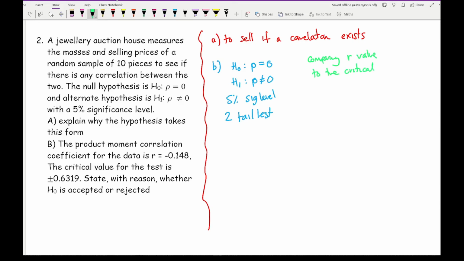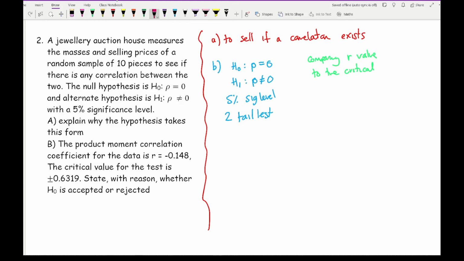Now, as I mentioned, it doesn't really matter which one you use, whether comparing the critical value with the R value, or like we did previously with the test statistic and the significance level. It's all based on what information is being given to you in the question, because you're not physically calculating anything. It's all about reading the information and choosing an appropriate method.